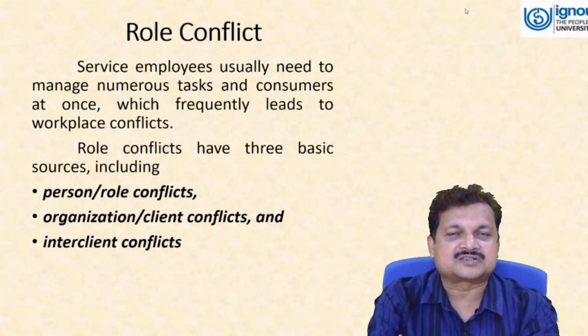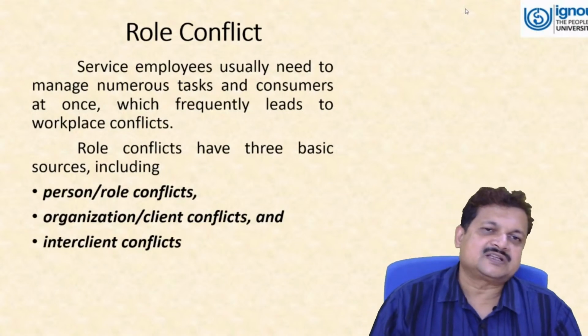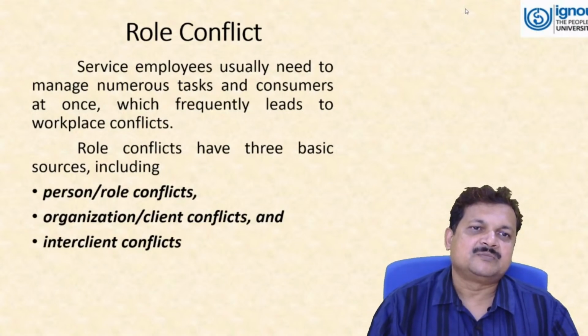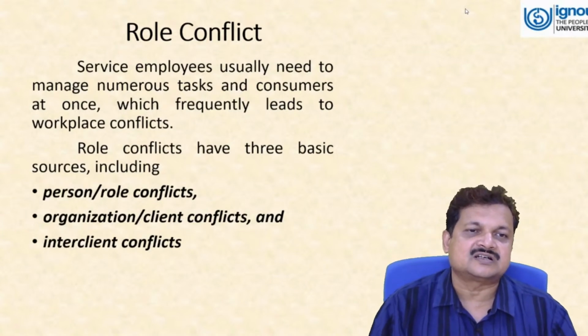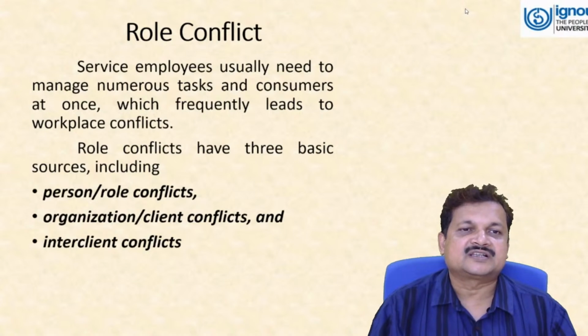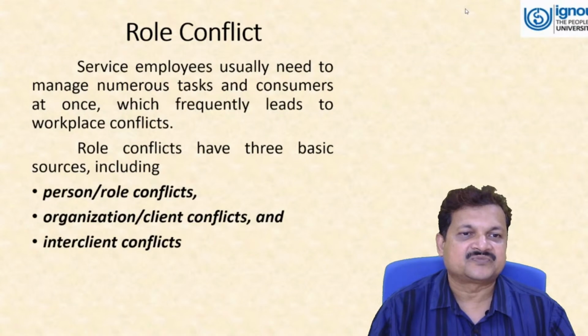Person and role conflicts: if you are sending the person to a different role in the services, this also sometimes happens. In the initial days when people join the banks, they are doing different activities like cash delivery, or teller activities, or mutual fund activities, or bond activities. In some financial activities, he or she has limited knowledge. So a conflict will arise on that.